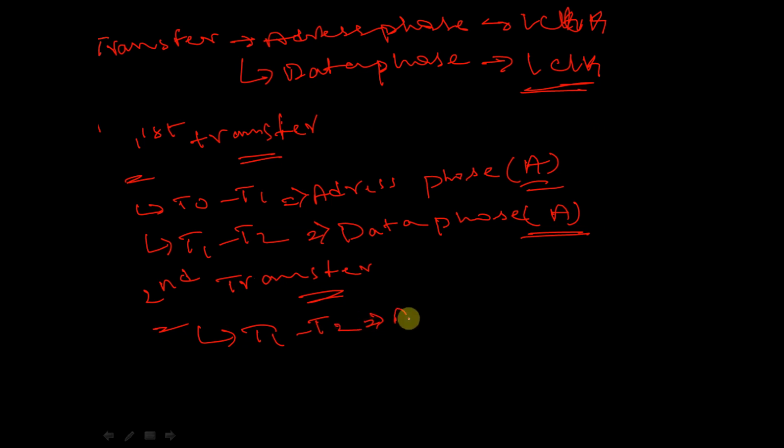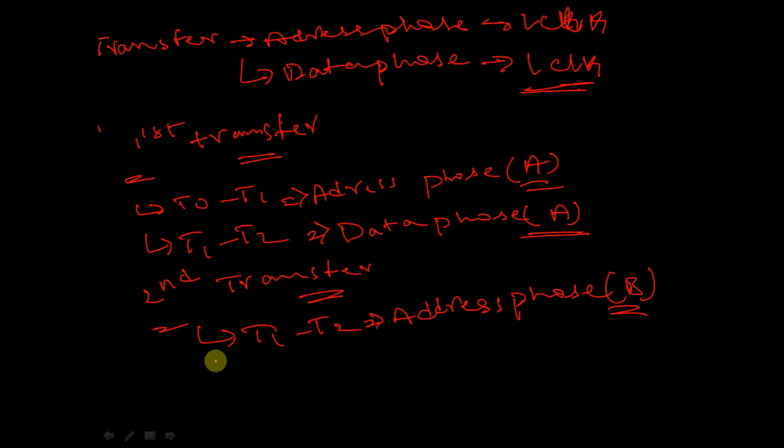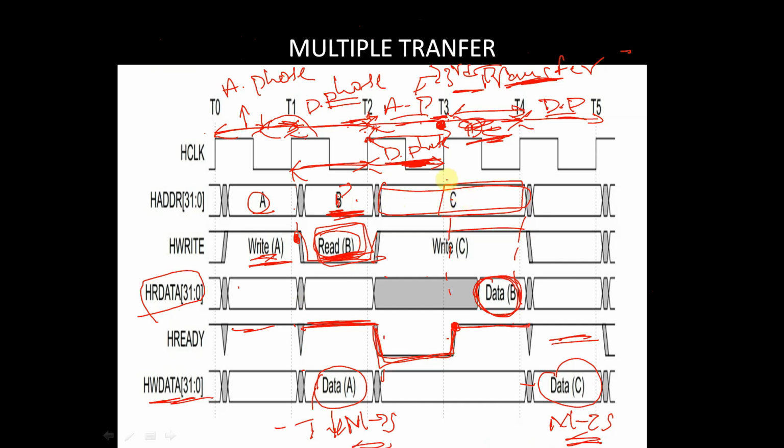For this second transfer, the address phase is at T1 to T2, and say it is address B. Here we can see address B. And for the data phase, here we can see after HREADY becomes high, the data is getting transferred.